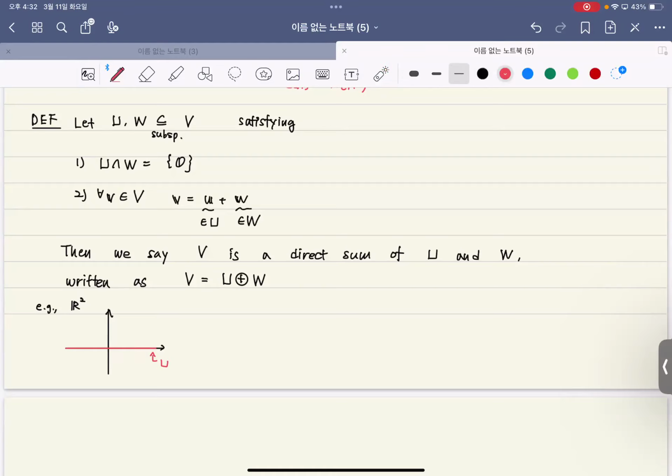And I have another subspace, W. Maybe this one is spanned by this vector, I don't know, maybe. Anyhow, I have these two subspaces in R2. And is it okay to say that R2 is a direct sum of U and W? What do you think?